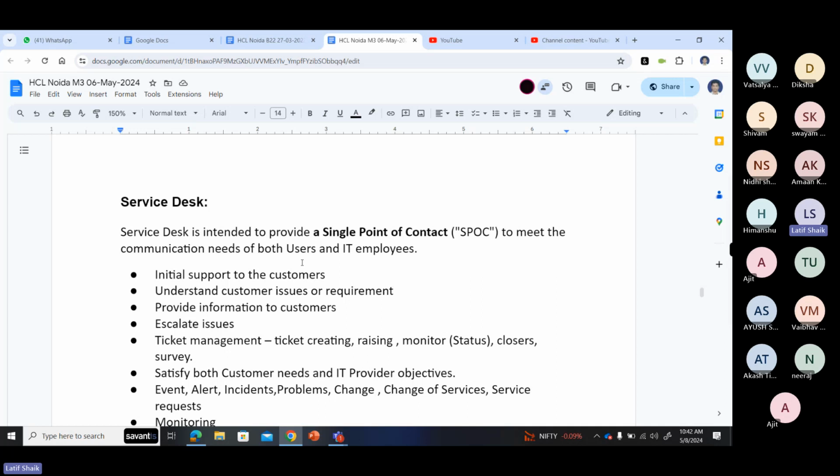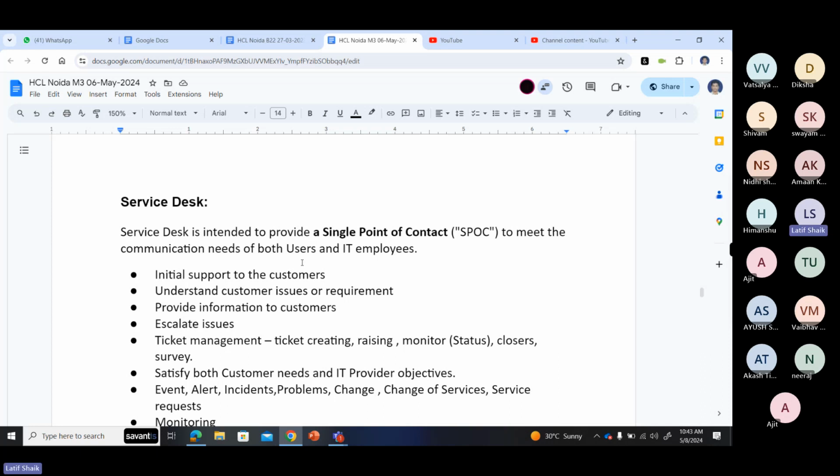So different people are there in an industry, depending upon the service the customer is getting. Whenever an issue occurs, they approach the service desk, and the team there has to respond to and resolve the customer related issues. It supports the customer.